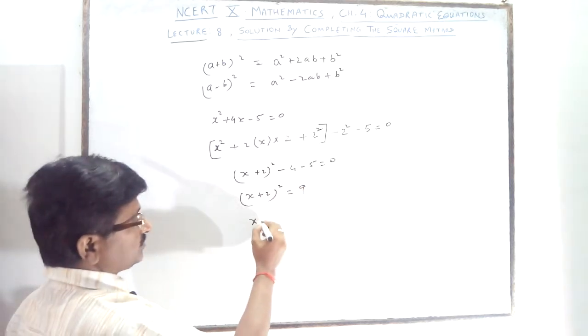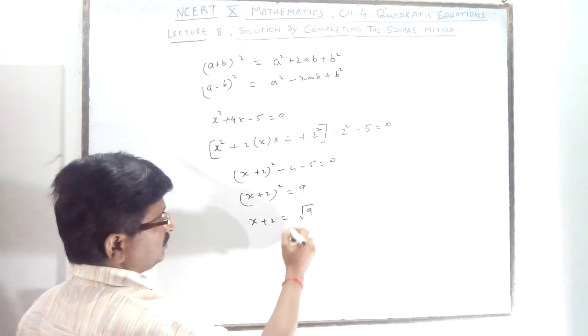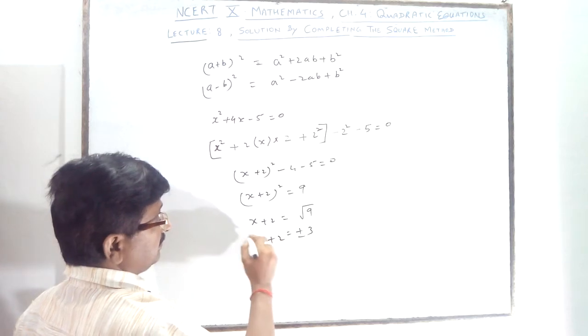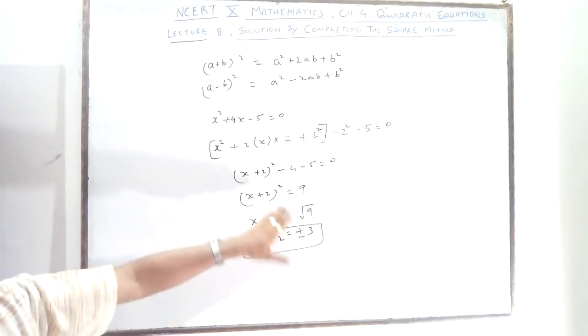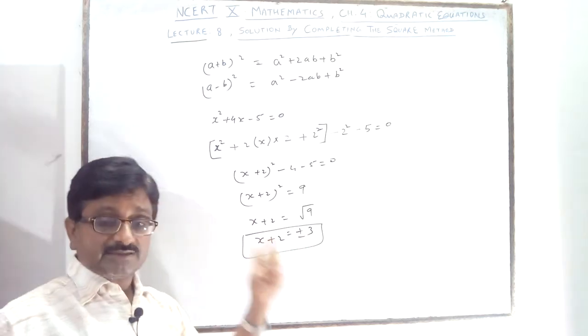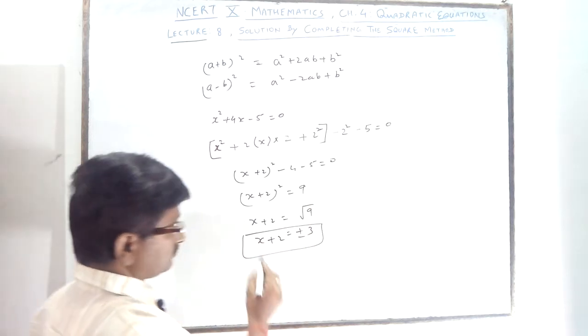Then x plus 2 equals under root 9, which gives you plus minus 3. In this you are getting two answers. The square root of 9 is plus minus 3, because 3 square is 9 and minus 3 square is also 9.